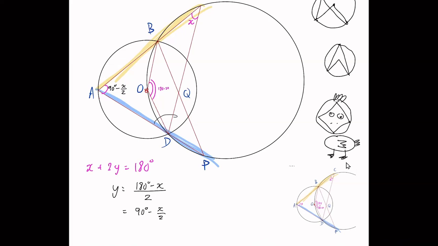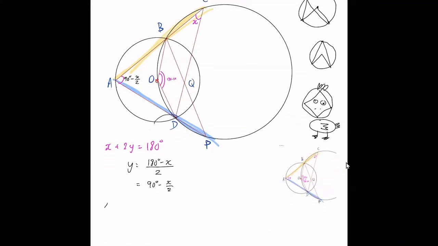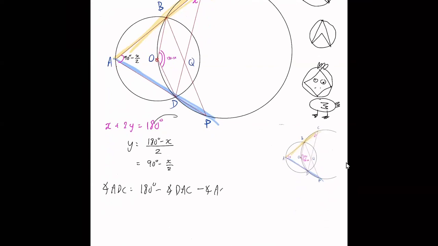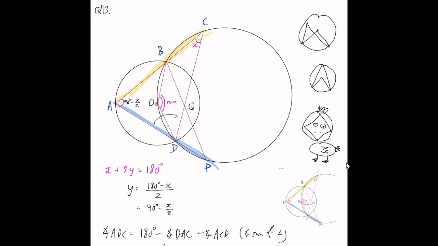Yes, correct. This is our triangle, so you just need to take angle sum of triangle, 180 minus those two. Okay, this one I'll just write it down. Angle ADC equals to 180 minus angle DAC minus angle ACD. This is angle sum of triangle. So this is 180 degrees, you minus away bracket 90 degrees minus x over 2, minus away x, right?